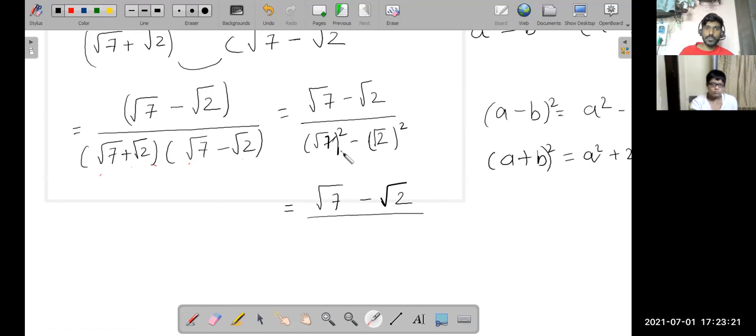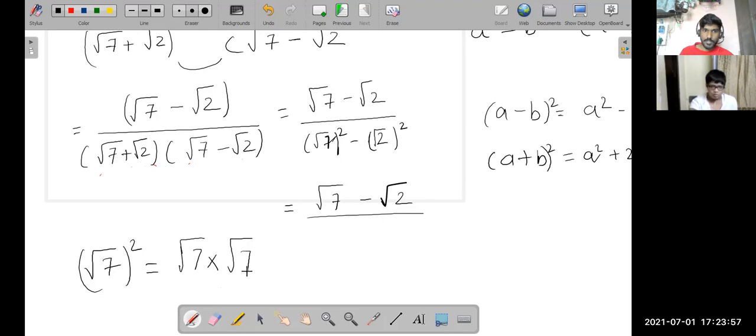Now, what is the square of root 7? You have to find out the square of root 7. Square of 7 means root 7 into root 7.